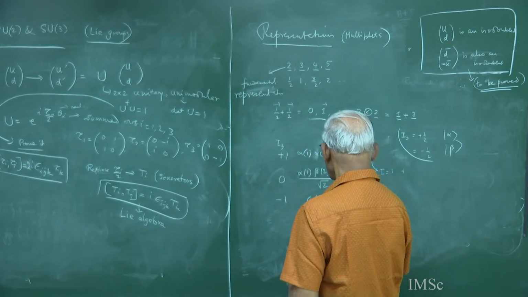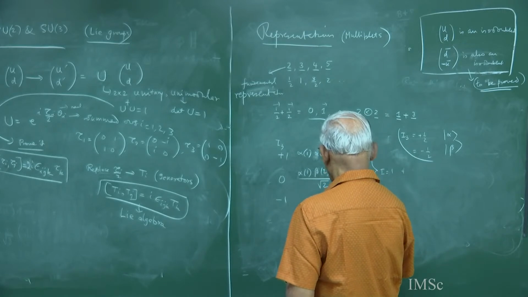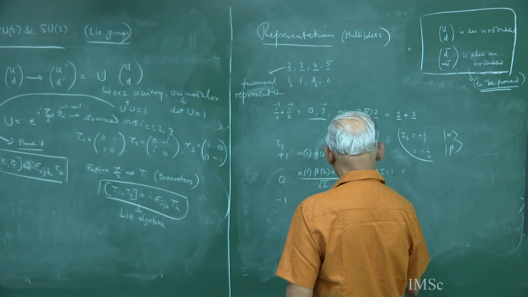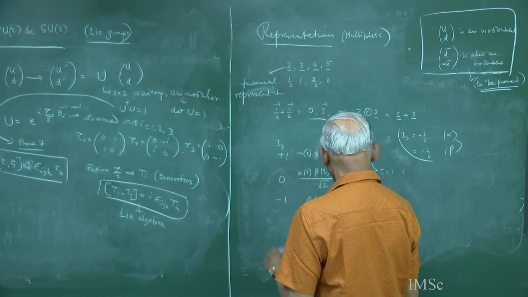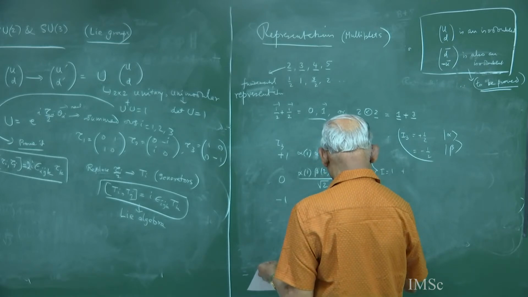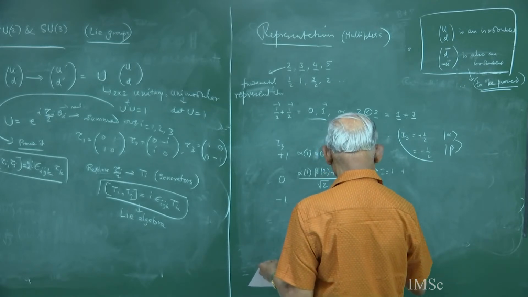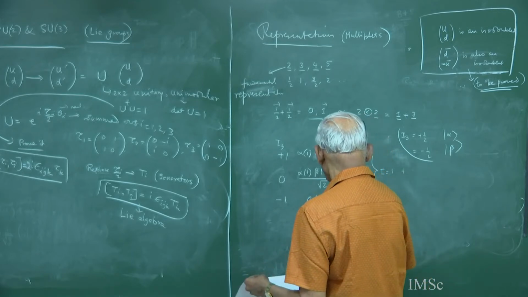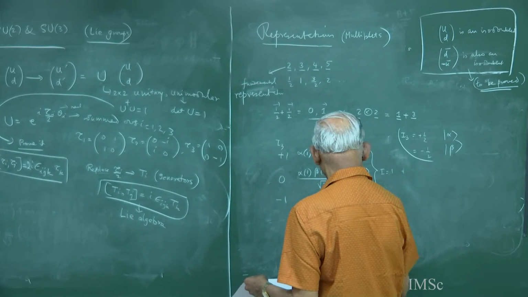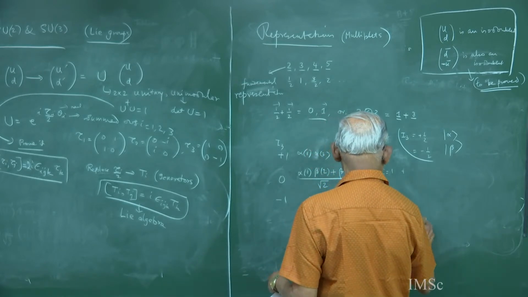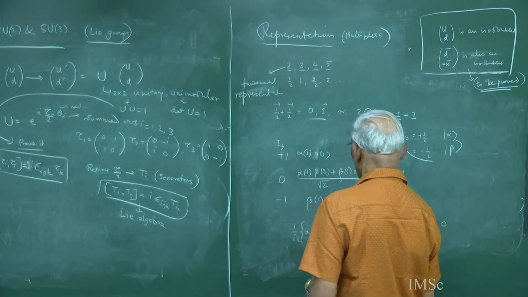Then if you make it antisymmetric, alpha 1 beta 2 minus beta 1 alpha 2, with a factor of 1 over root 2, that is the singlet, I equal to 0, which is antisymmetric.